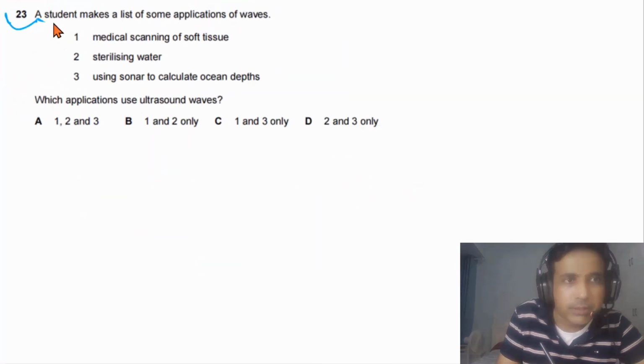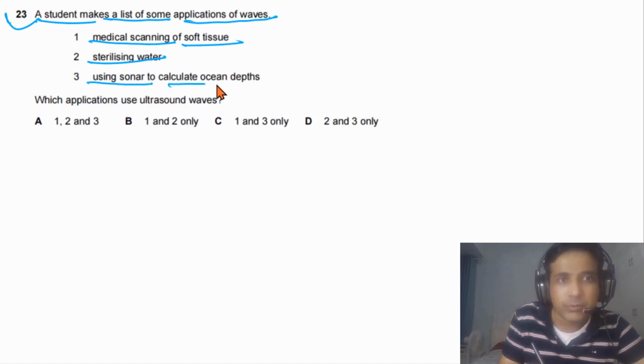Question 23 says a student makes a list of some applications of waves. 1. Medical scanning of soft tissue. 2. Sterilizing water. 3. Using sonar to calculate ocean depths. Which applications use ultrasound waves? For scanning of soft tissues, ultrasound waves are used.